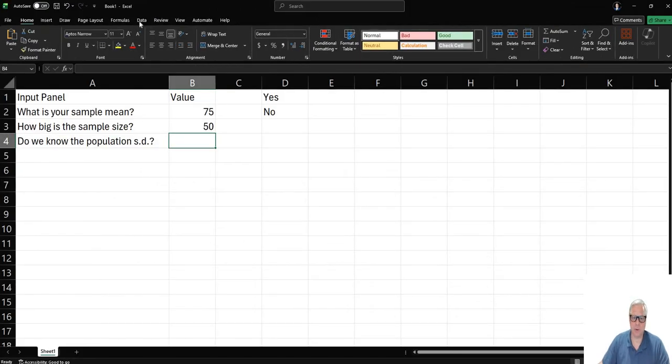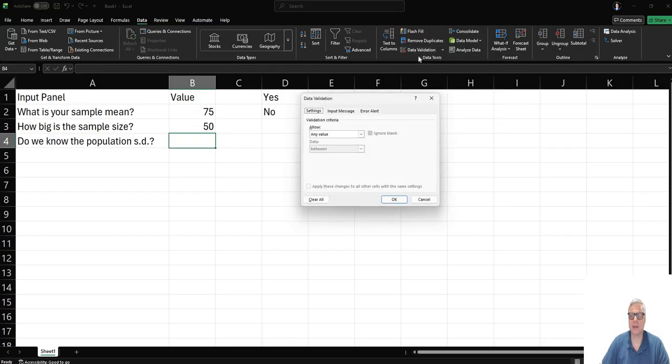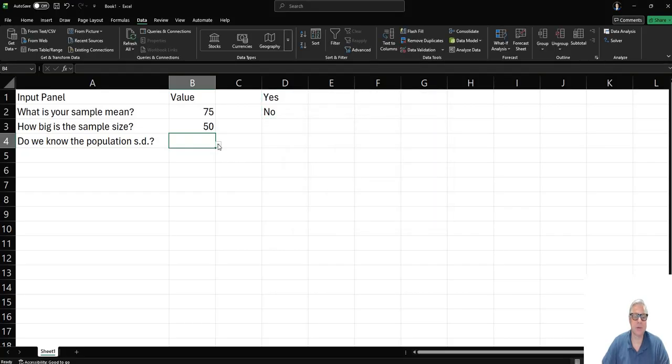And the way we do that is we go to data, and then there is a field called data validation. Click on this one, data validation, and then where it says validation criteria, we say list, and then what is the source of the list, and we highlight where we entered the yes and the no. And now you see we have here a drop-down menu that says yes or no.